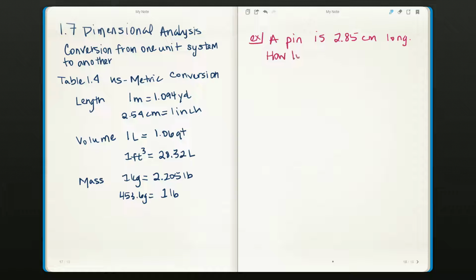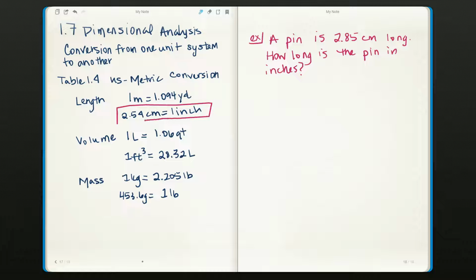How long is the pen in inches? Okay, so we can use this conversion factor that we just wrote over here. So 2.54 centimeters is equal to 1 inch.